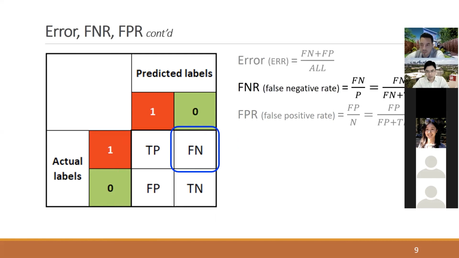Now here comes the harder part. Let's talk about false negative rate. What is it calculating in terms of the confusion matrix, and how can you use the confusion matrix smartly to make sure you calculate right without having to memorize the formula?